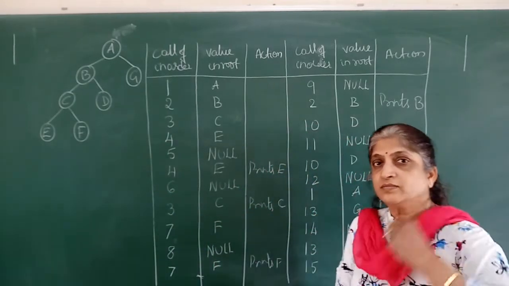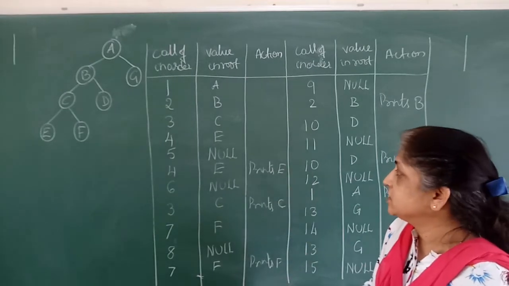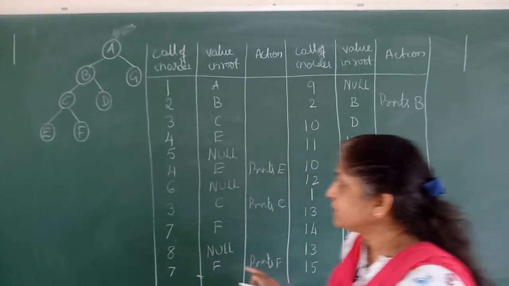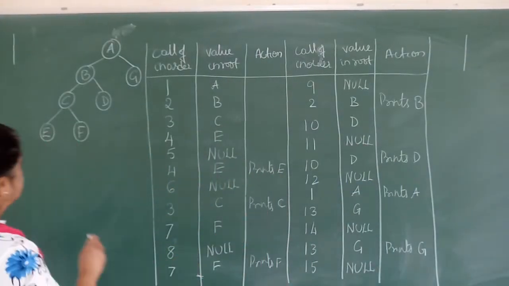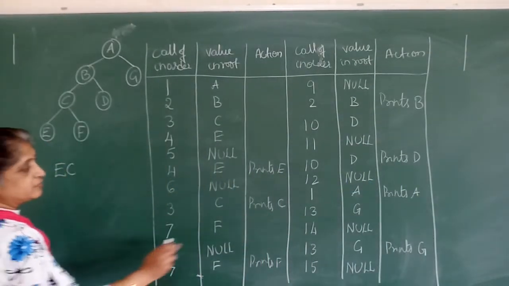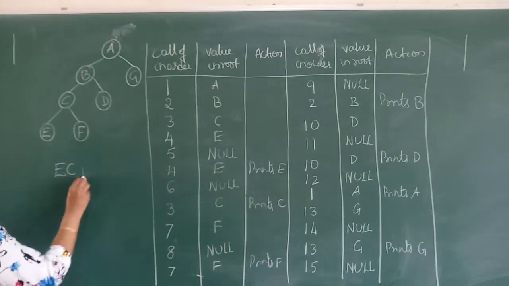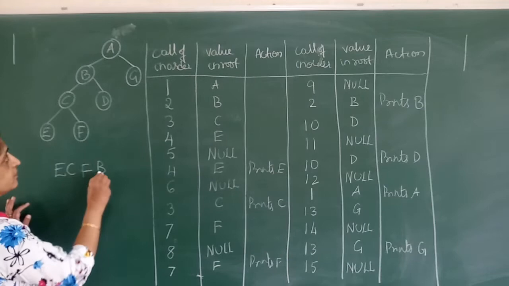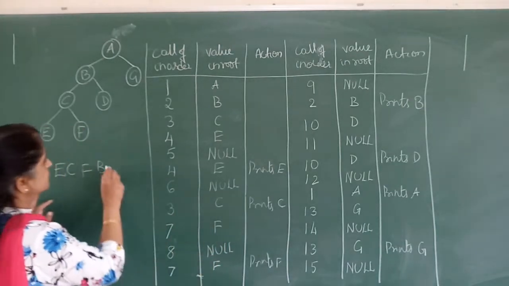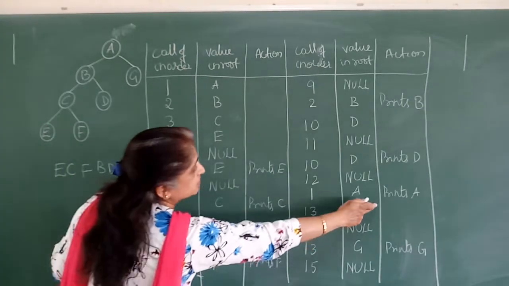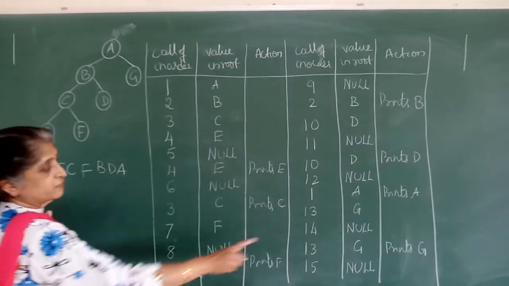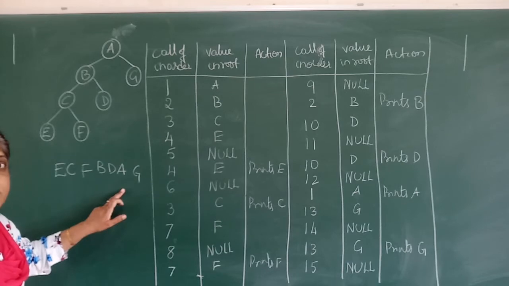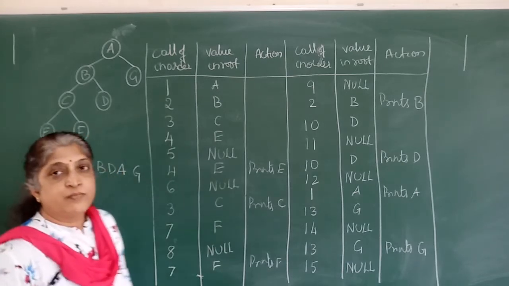You can see the order of the elements. I'll write it here. First it prints E, then C, then F, then B, then D, then A, then finally G. So this is the in-order traversal of this binary tree.